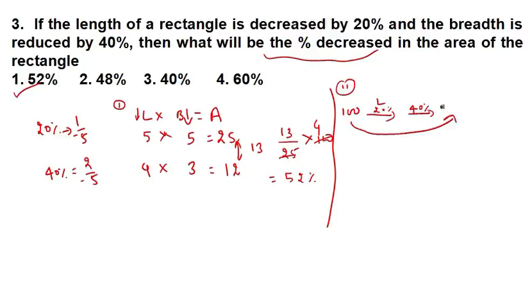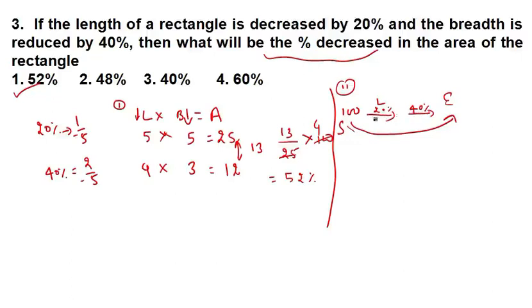Here I want to tell you one more thing. If you want to get net effect, from starting point to end point, then this order is not important. You can interchange this order. Order means before it is 20%, now after that it is 40%.